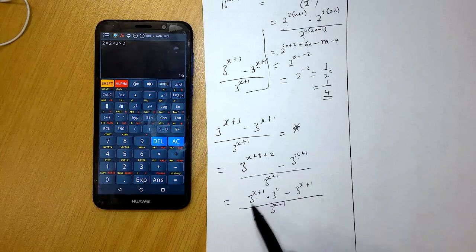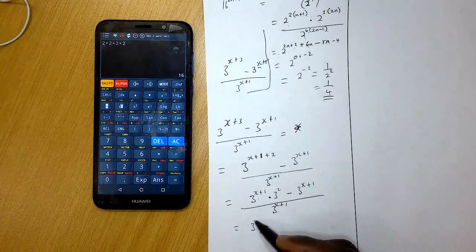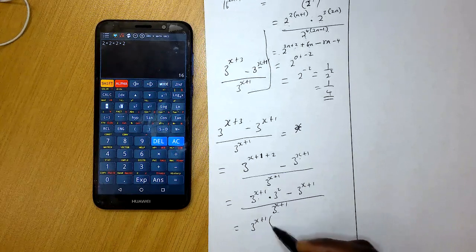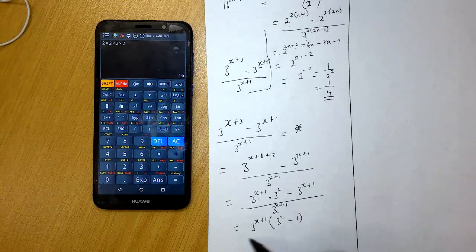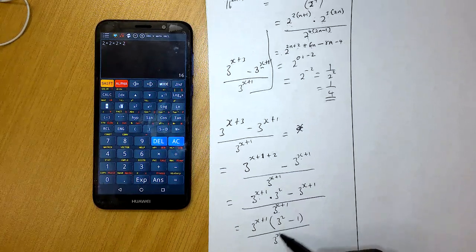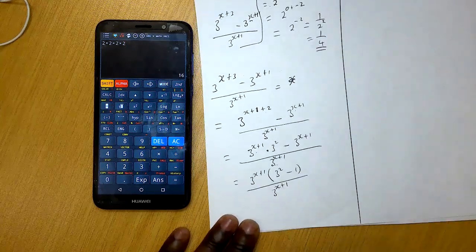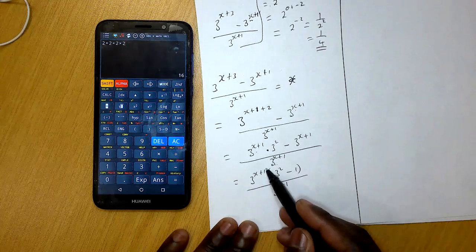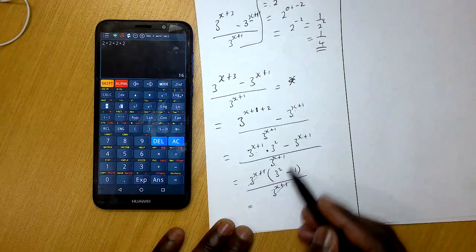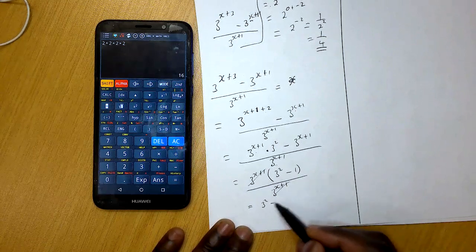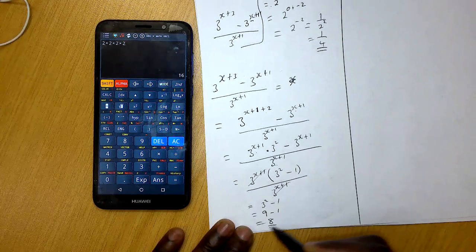This one also, so it's going to be 3 to the power of x plus 1 outside. Then you get 3 squared minus 1, over 3 to the power of x plus 1. This will cancel, and you're left with 3 squared minus 1, which equals 9 minus 1 equals 8. That's what you get there.